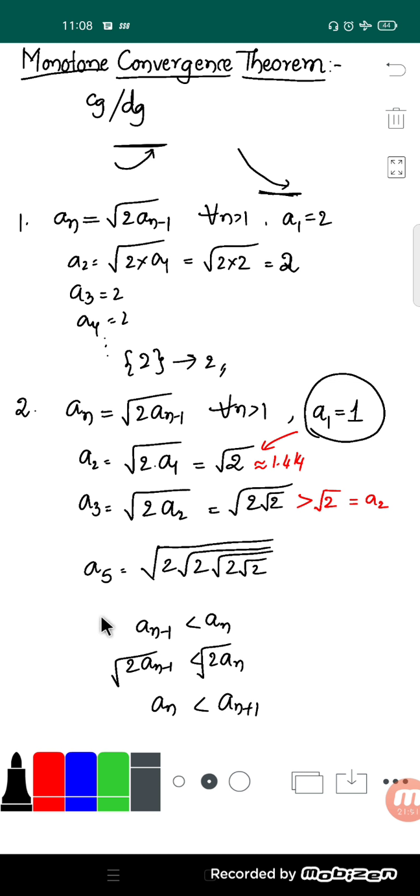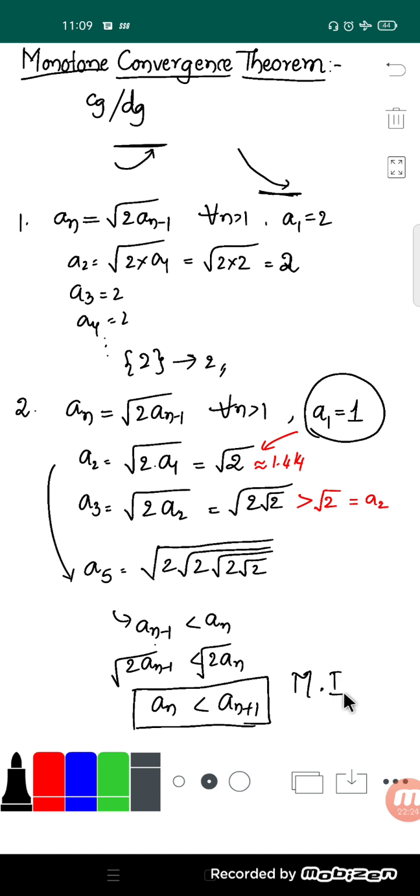So by induction, a2 is greater than a1, a3 is greater than a2, and so on. Assuming a_n is greater than a_(n-1), we are able to prove a_(n+1) is greater than a_n. By this, you can say that the given sequence is monotonically increasing.